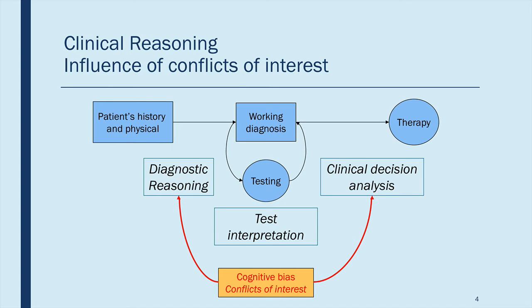Conflicts of interest influence our judgment in a similar manner. Sometimes, without realizing it, we make decisions regarding patients that are not in their best interest, but actually in our own best interest. These conflicts of interest are usually insidious. During our workshop, we'll spend some time on conflicts of interest and discuss ways to manage them.